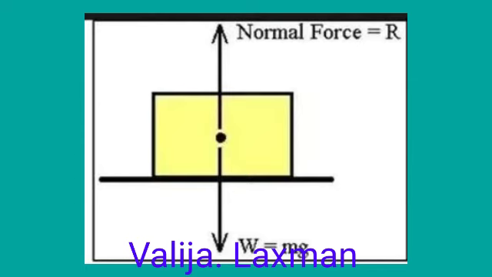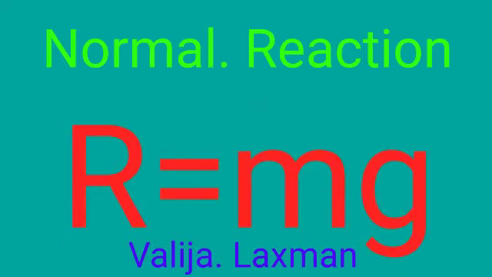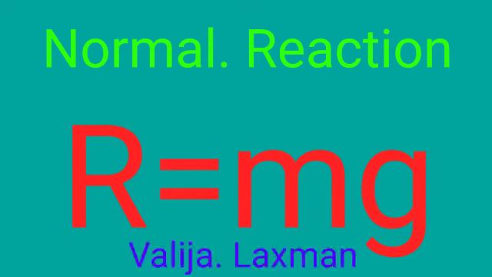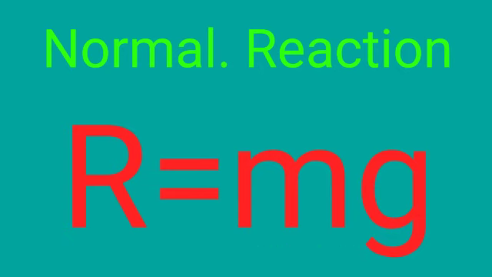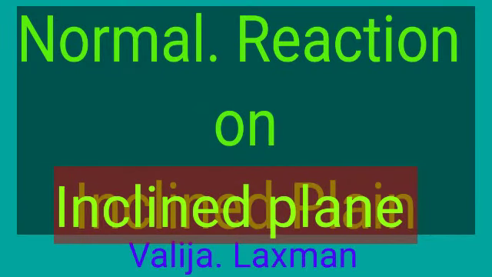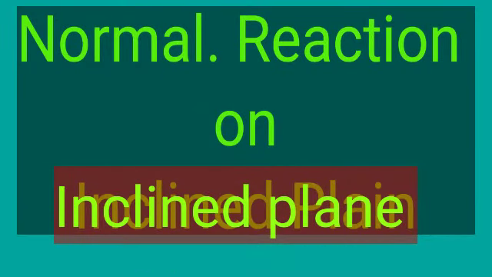This normal reaction and weight of the body are exactly opposite and equal. So we can write the equation R is equal to mg. So when a body is resting on a horizontal surface, the normal reaction is R equal to mg.